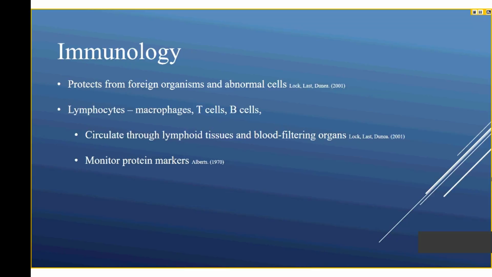And these cells, when instructed, make antibodies that go and mark cells for destruction. Lymphocytes are created in bone marrow, and they travel around the lymphatic system, including lymph nodes, blood vessels, and organs. And all of the cells monitor protein markers for health.